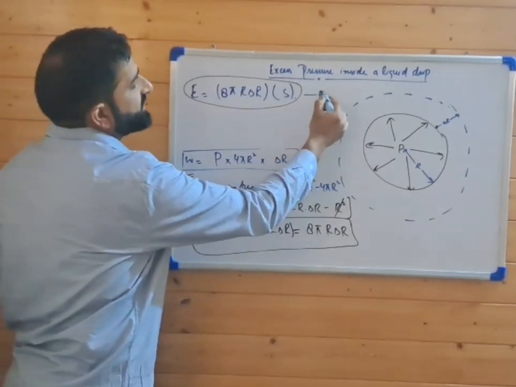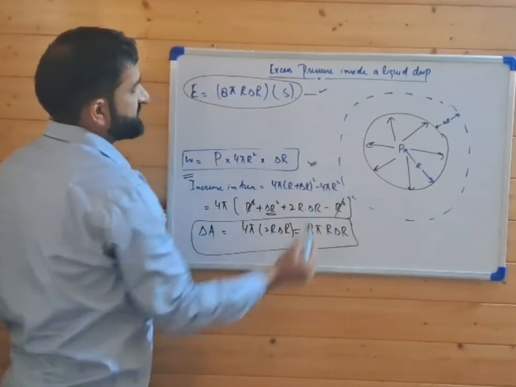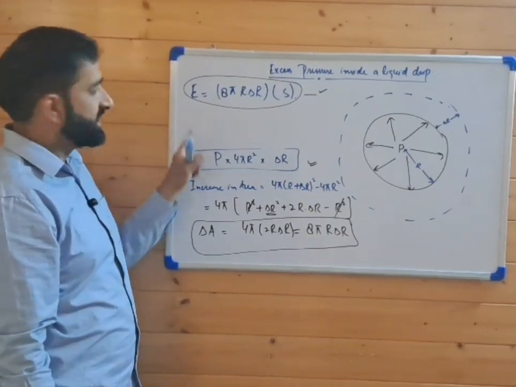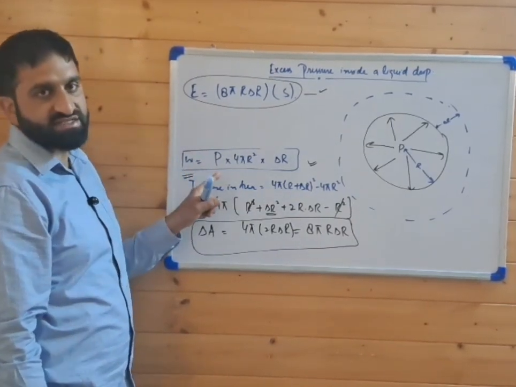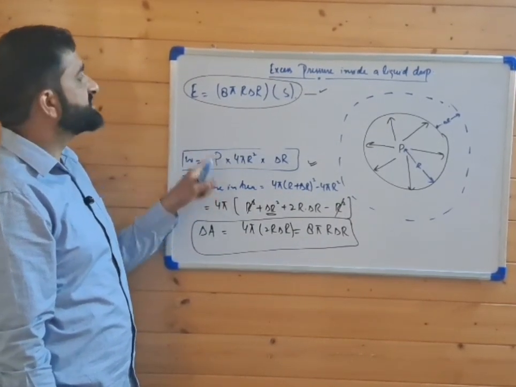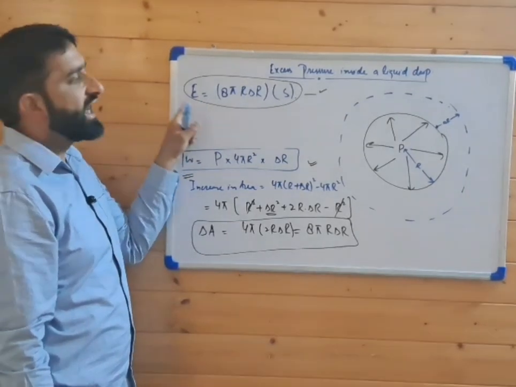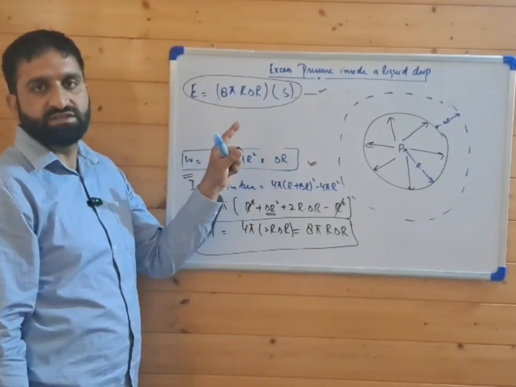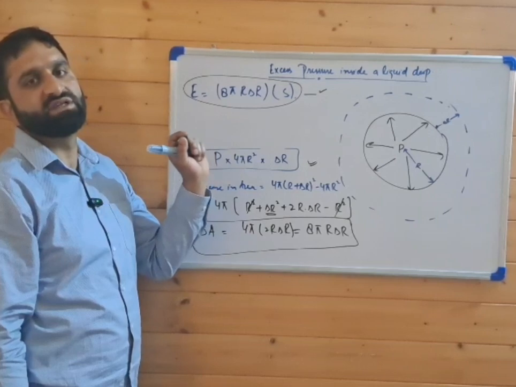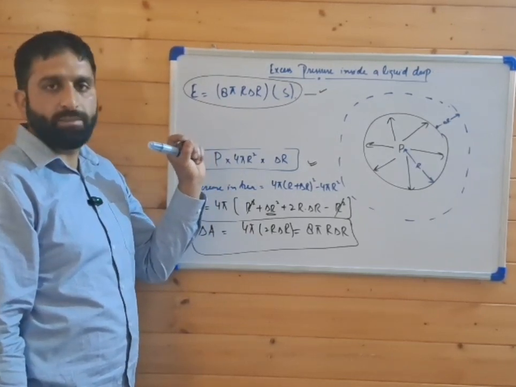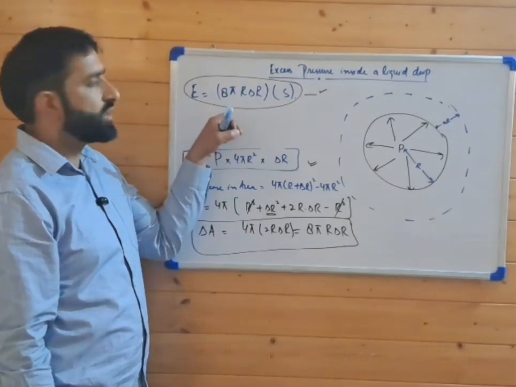So we can equate the two equations, that is W is equal to E. The work done by the excess pressure is changed into the surface energy as the surface area of the drop is increased. As the drop is in equilibrium, these two quantities are equal.